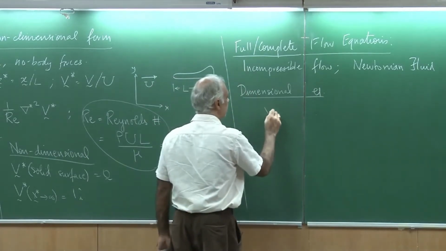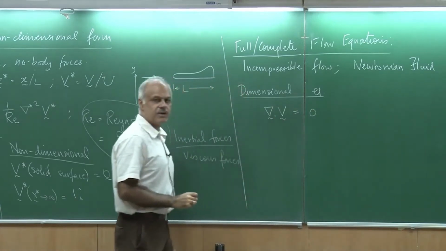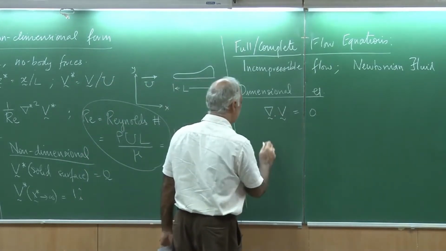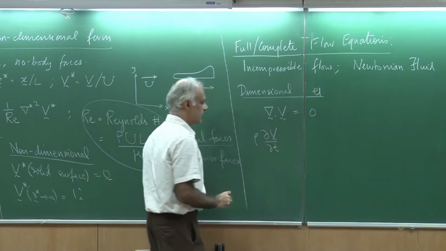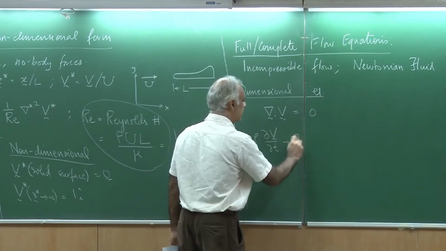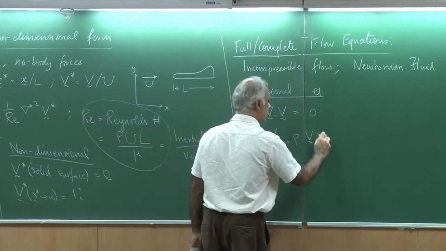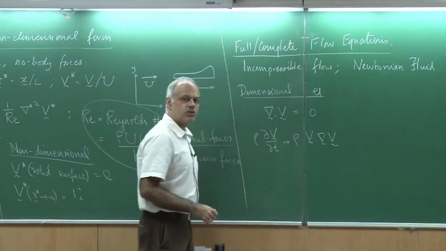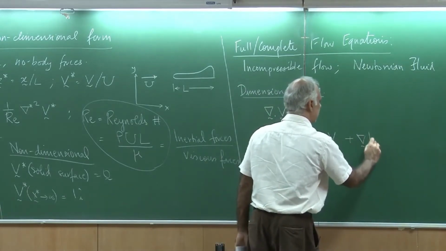And these equations are: divergence of V is 0. That's my continuity equation. And then I can also write down my momentum equation, which is rho del V del t. So that's the unsteady term, the Eulerian acceleration, plus the convective term, which is rho V dot gradient of V. So these two constitute rho times the material acceleration, we have seen them before, plus a gradient of pressure.